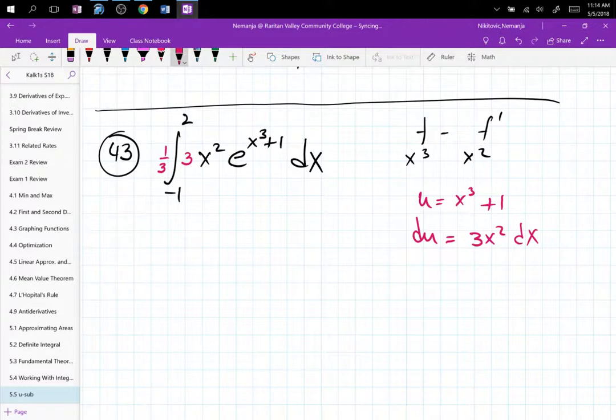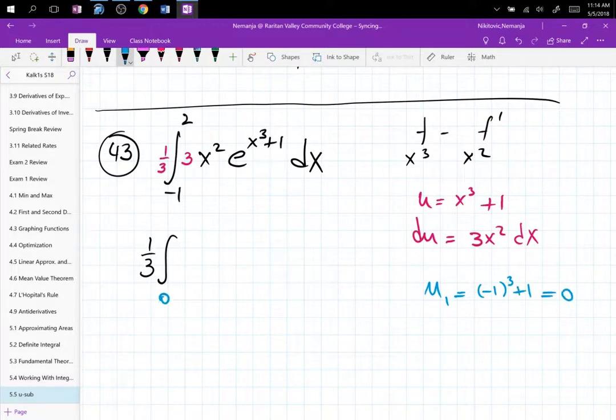So let's substitute. We have 1/3 integral. We plug in -1. So to transform the limits, let's do that in blue. So u1 is -1 cubed plus 1. That's 0. And u2, the upper limit, is 2 cubed plus 1, which is 9.